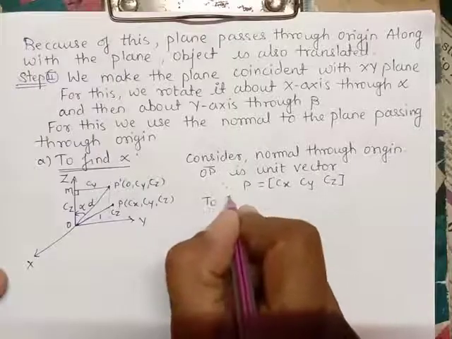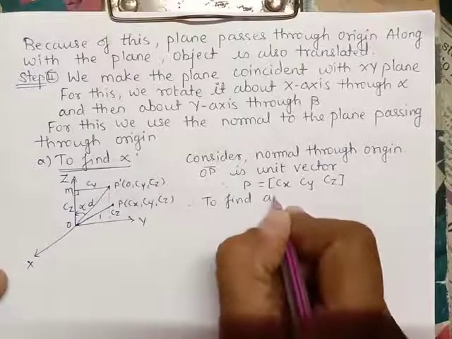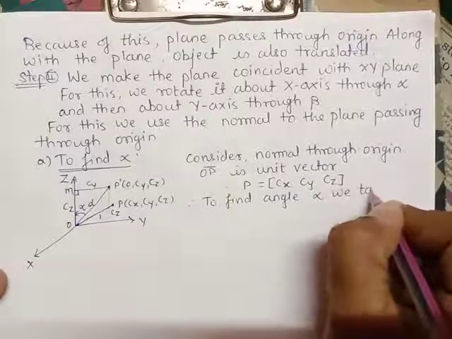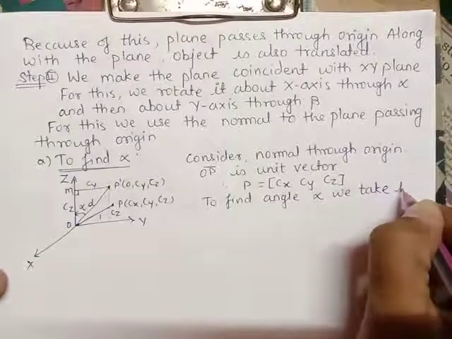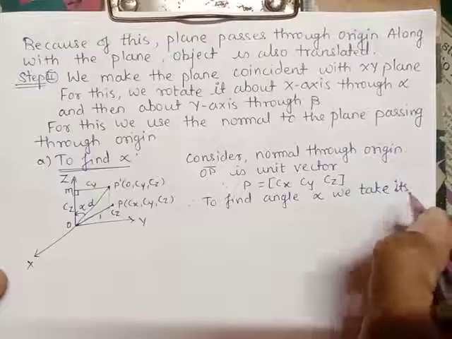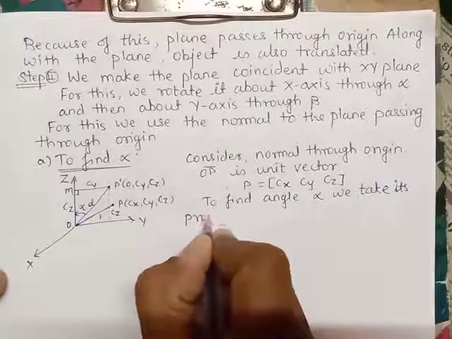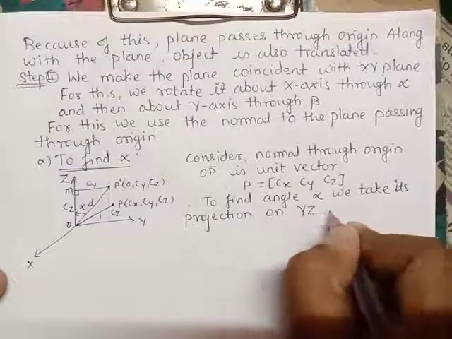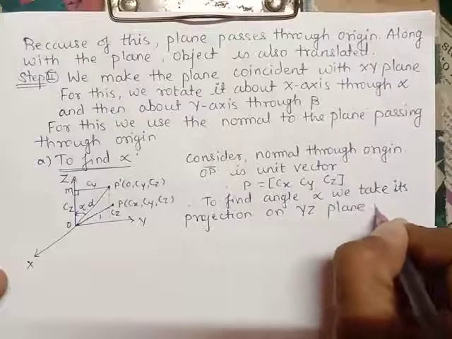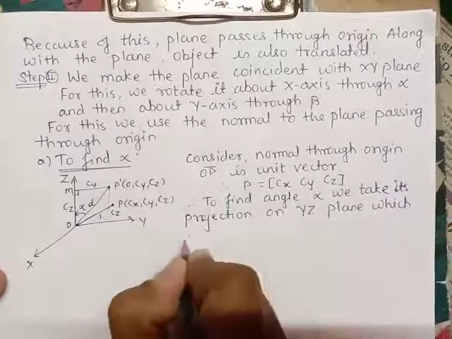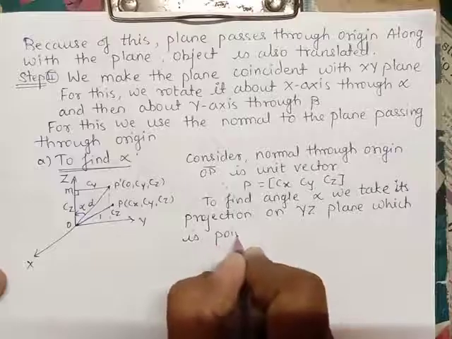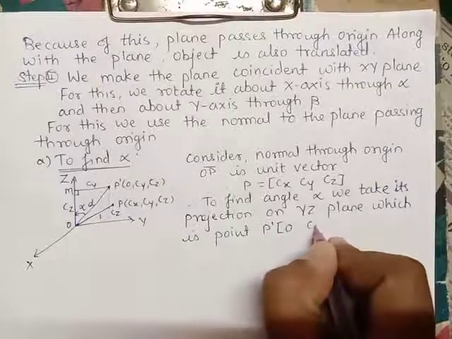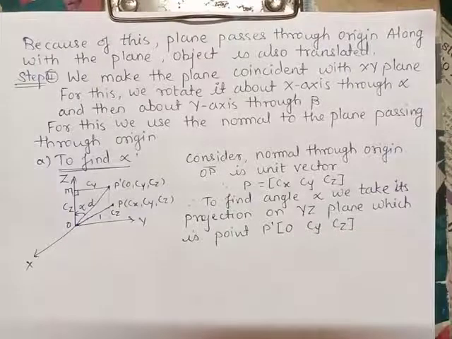Therefore, to find angle alpha, we take its projection on the yz plane, which is the point P dash, 0, cy, cz. Okay.